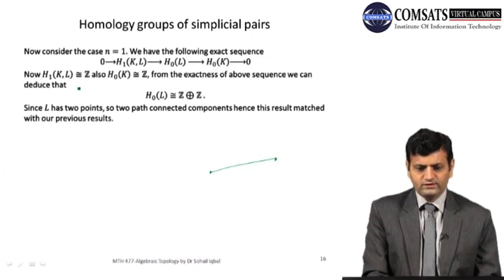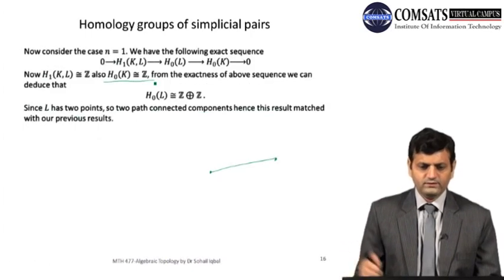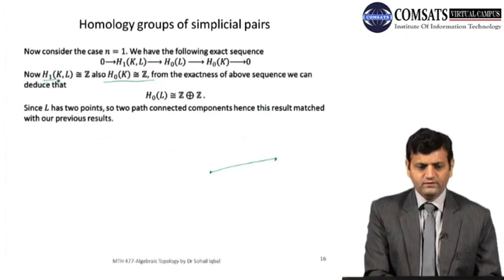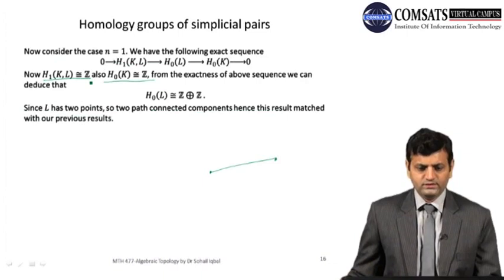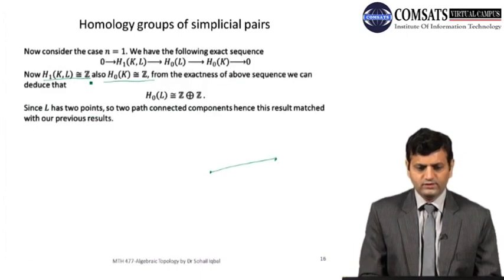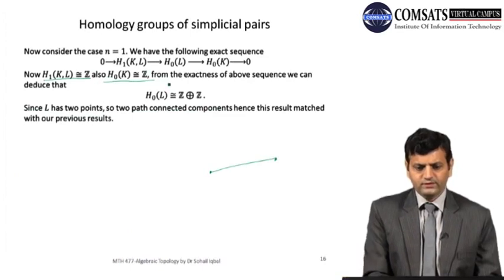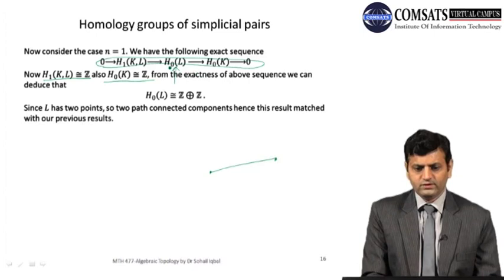We have already seen that H0 of K is isomorphic to Z. Using this proposition, H1 of K, we have already seen that this is isomorphic to Z, using the previous discussion, and in this case n is equal to 1. And from the exactness of this sequence, which we already know is an exact sequence, this middle element H0 of L must be isomorphic to Z plus Z.